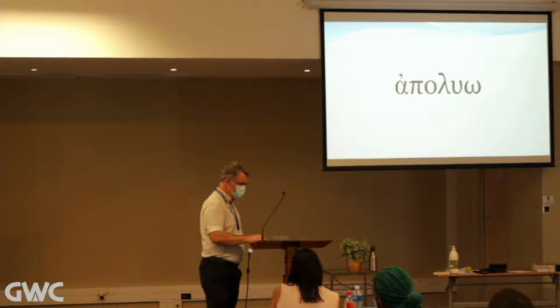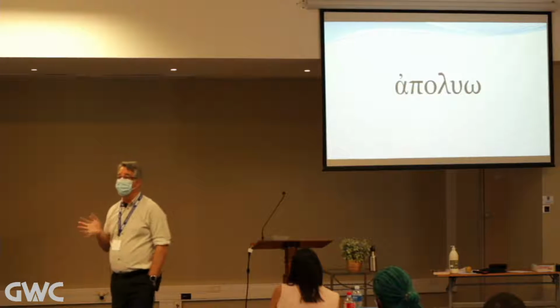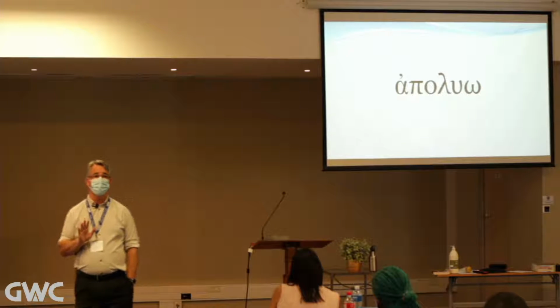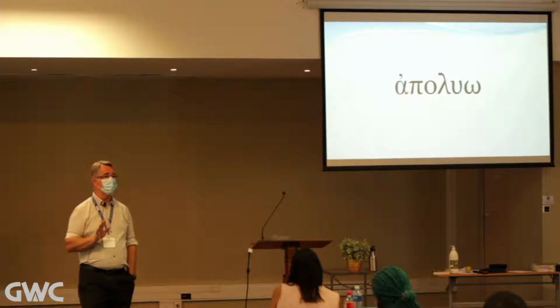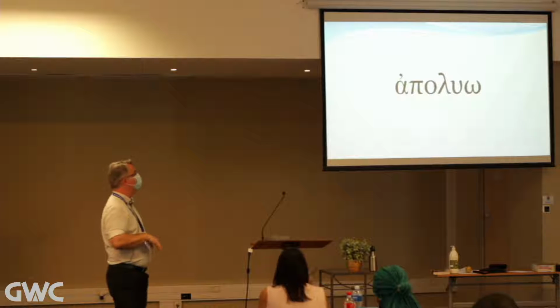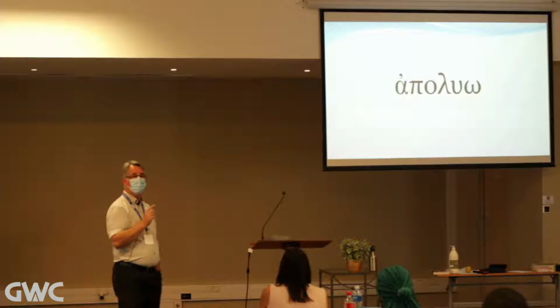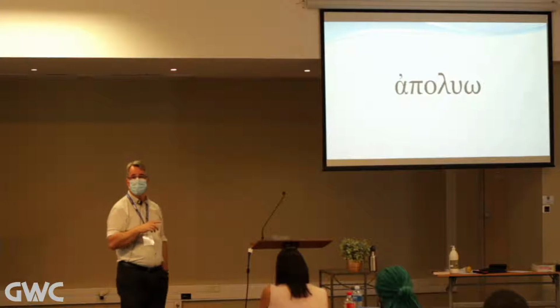No problems. But let's go back and think for a second. If I wanted to put that in the imperfect tense, what would I have to do? I've got to change the endings to the imperfect endings. Remember, imperfect, eluon. So I've got to change the endings and put the augment in.